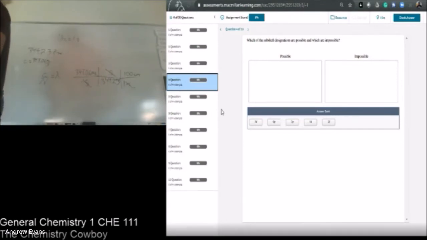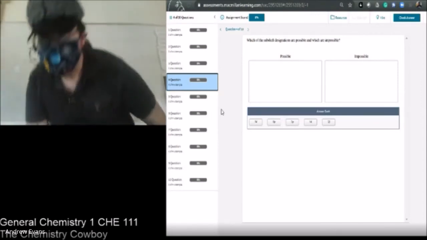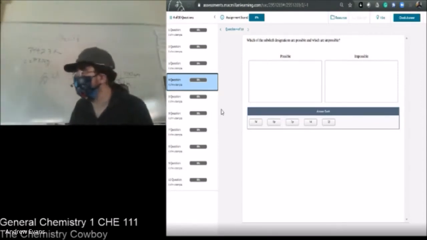If there's a 2p, there's also a 3p. 1d, that's an impossibility. D does not show up till row 3. 2f is an impossibility. F doesn't show up till 4. So that's what it means, what is possible and what is impossible.